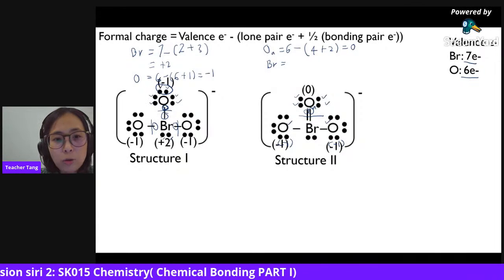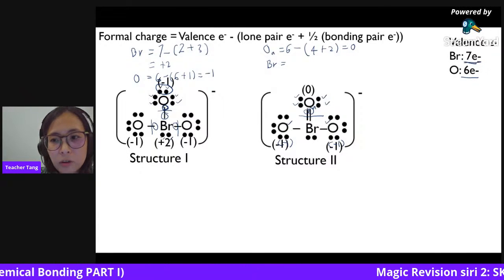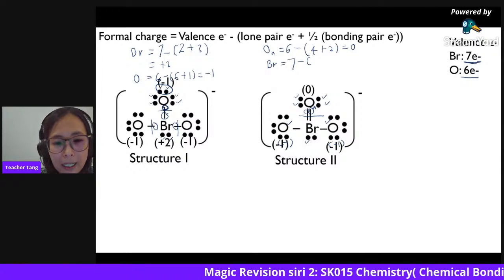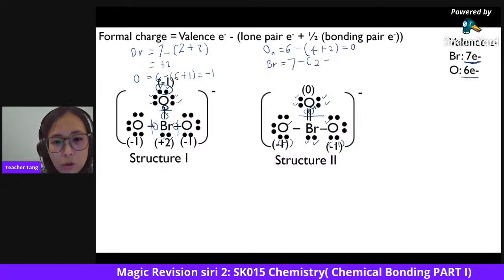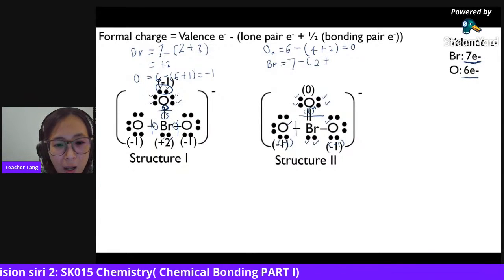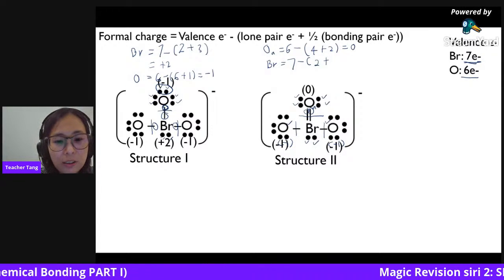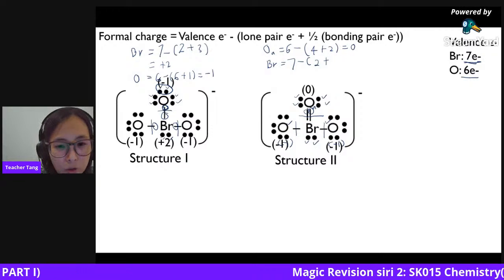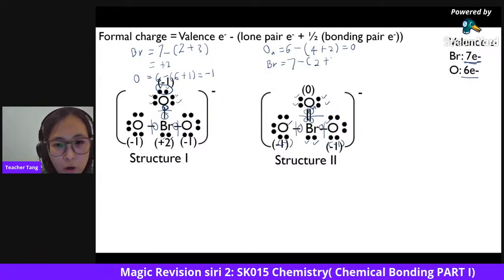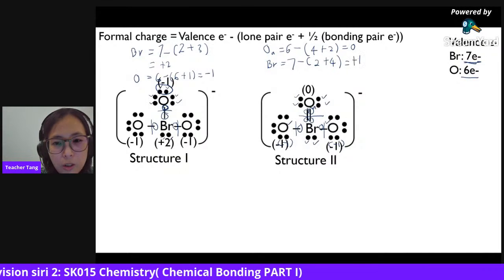Just use the formula: valence electron 7, minus the lone pair electrons 1, 2, so 2, plus half the bonding pair electrons. We cut all the bonding pair electrons in half and only count the electrons that belong to the bromine, which is 1, 2, 3, 4. So 4, giving the formal charge equal to +1.